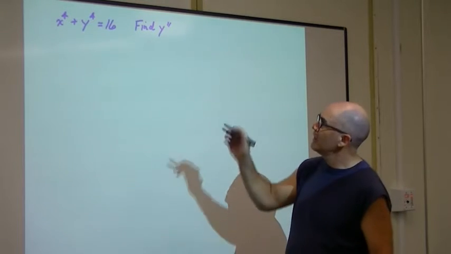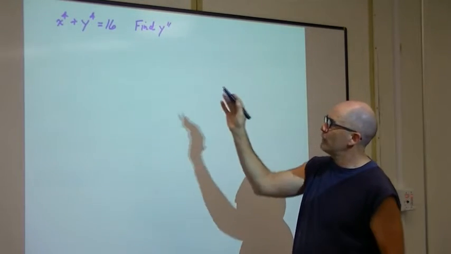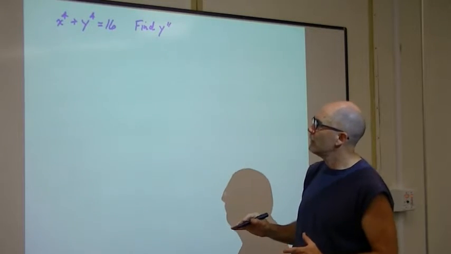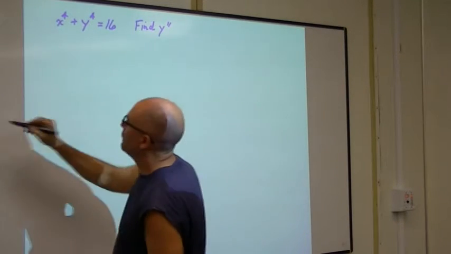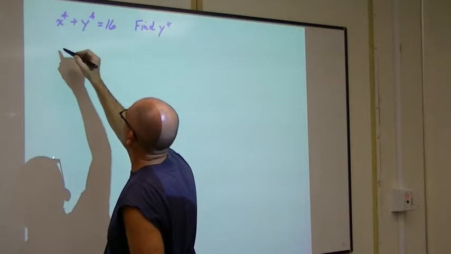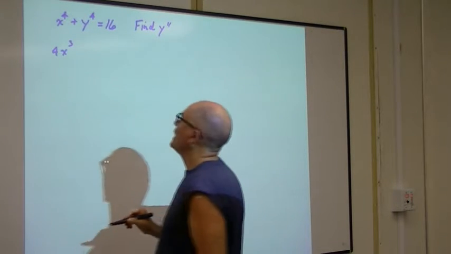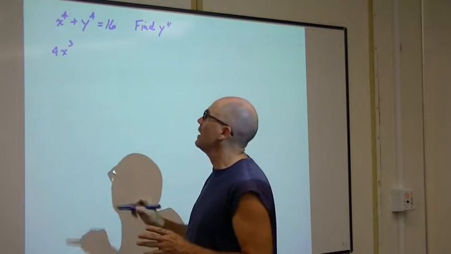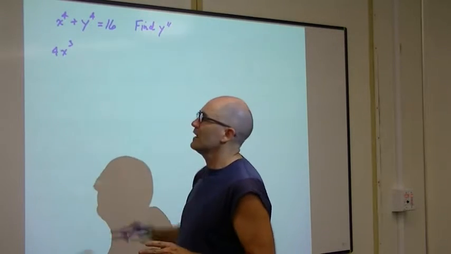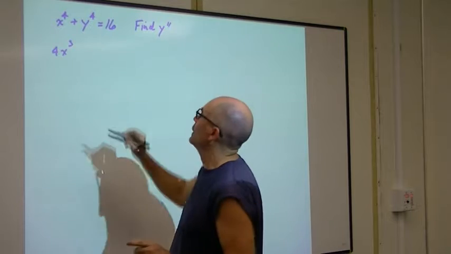So, all we do is take the derivative of the first function. So, derivative of x to the fourth is 4x cubed. Now remember, I don't need a chain rule here because the x is a variable, not a function.